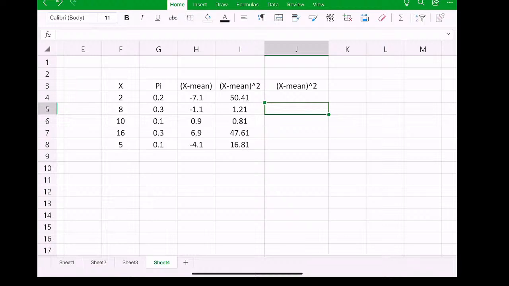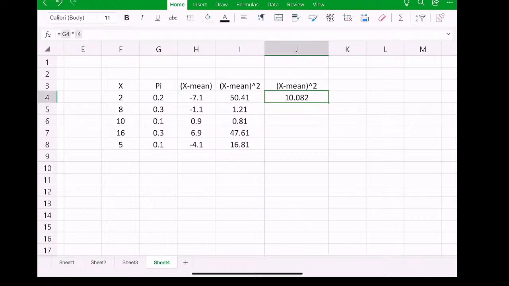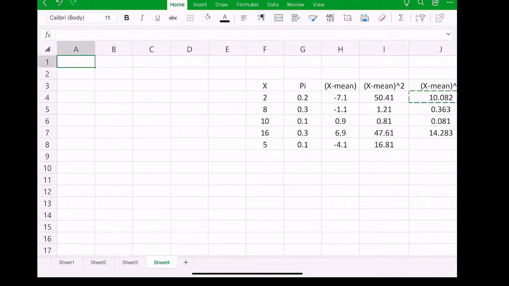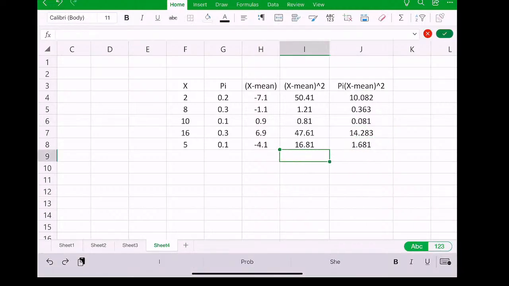So this is easier in Excel. Again, sorry, it's jumping around. So those should be with PI. And then I sum them.